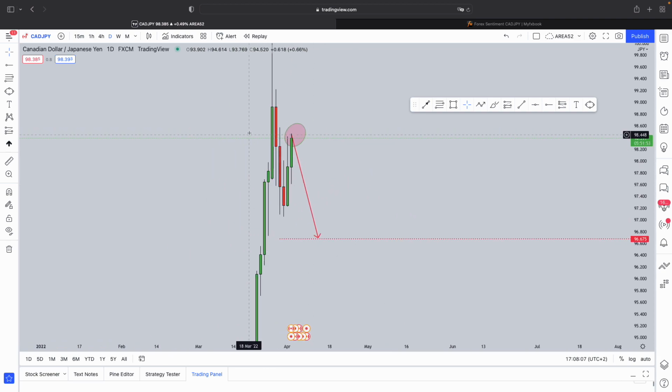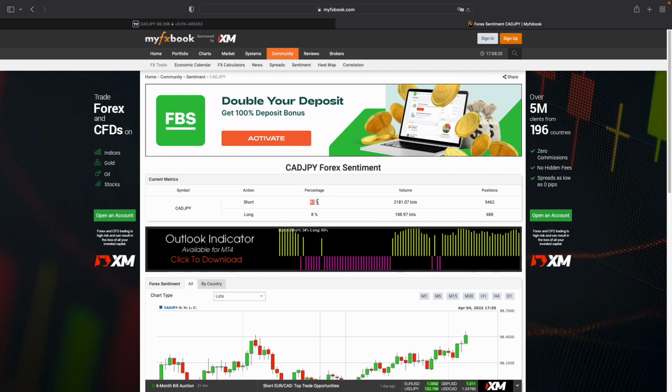But the thing that we can see over here is that this daily candle has been quite bullish, and that was obviously because the market needed that liquidity to move the market to the downside, or for these big speculators to close their buying positions. This candle has been quite bullish today, meaning that they have taken most of the retail traders out of the market, because we know as retail traders we start to panic when our position runs into a loss, and we tend to close it early. So we can already expect that most of that liquidity was already grabbed from the retail traders at this 92%.